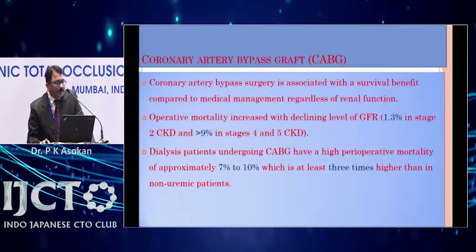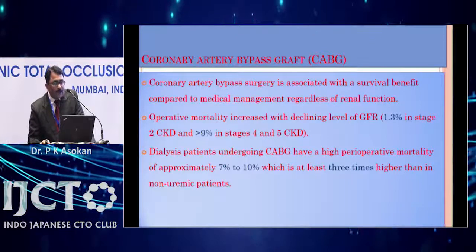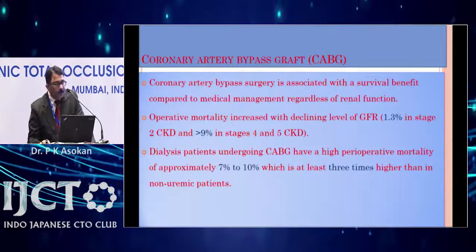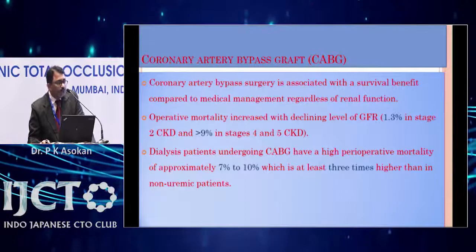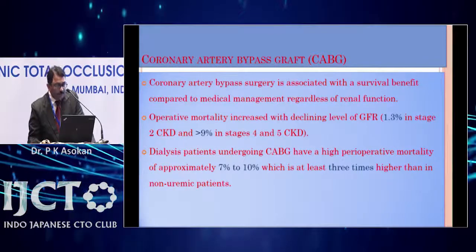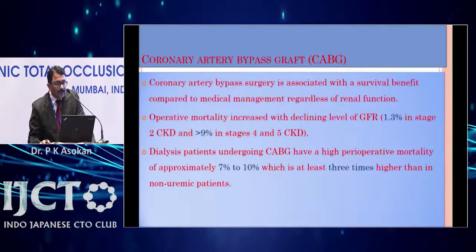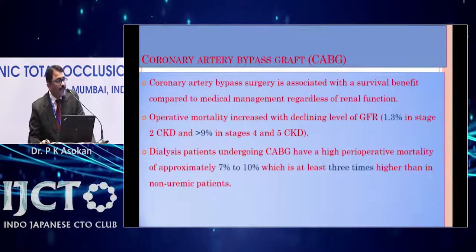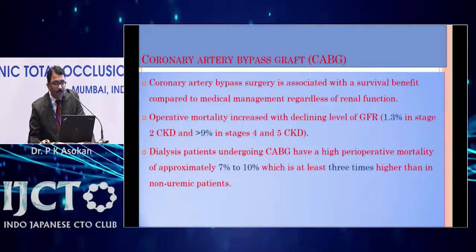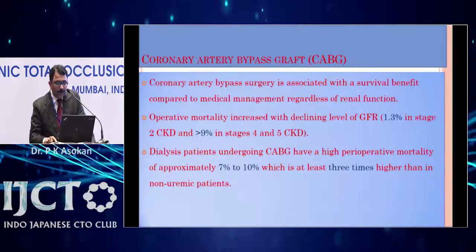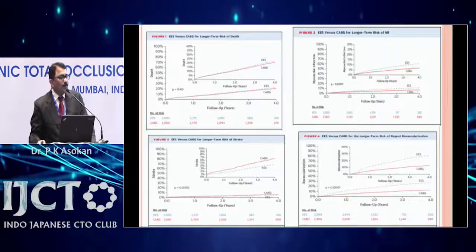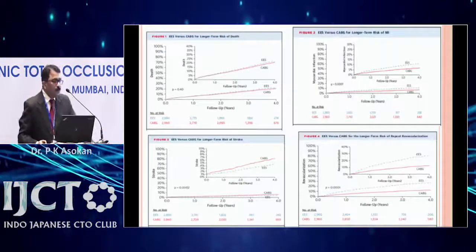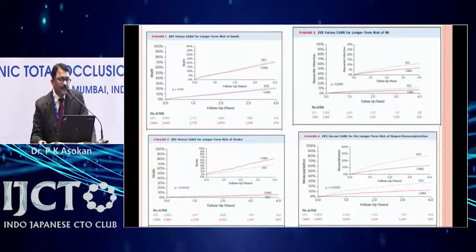What is the outcome of CABG? The operative mortality is also high, especially in stages 4 and 5. The operative mortality is 9%. In hemodialysis patients undergoing CABG, there is a high perioperative mortality, which is 3 times higher than in non-uremic patients. Now, we'll see if you do intervention in these patients.